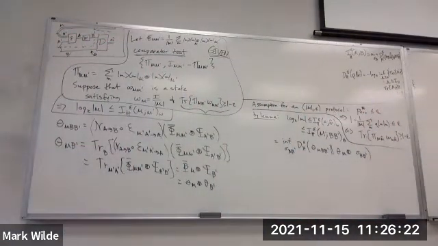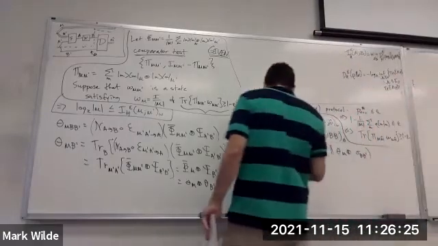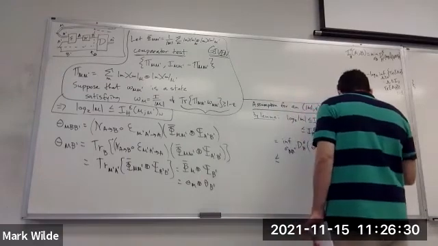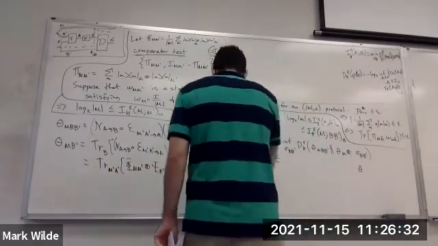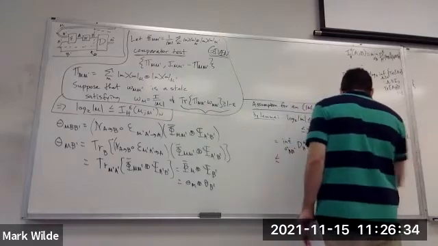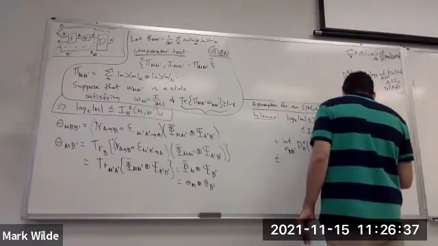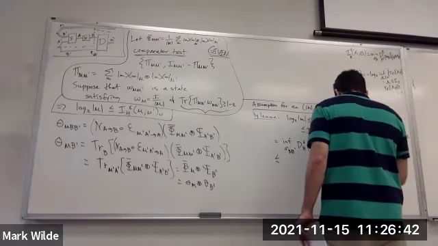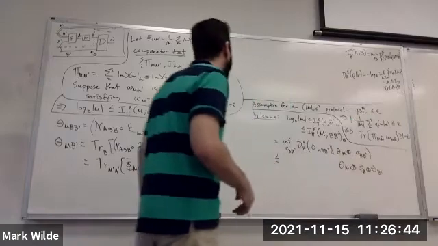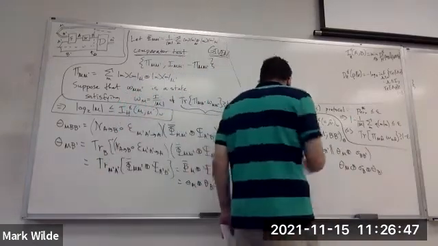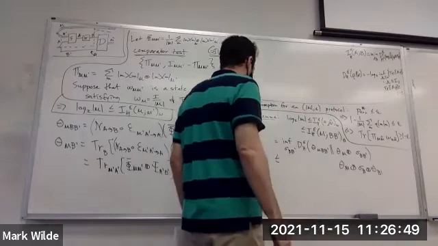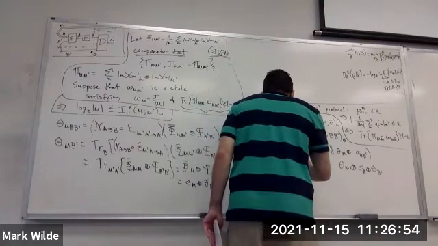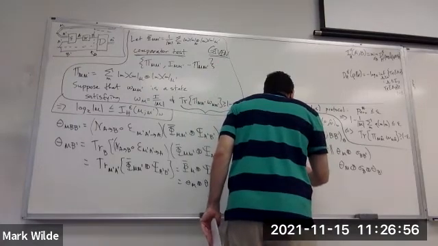Since it's an infimum, we can make a particular choice and say, well, we'll choose this state to be some state sigma B tensor theta B prime. So we optimize over a smaller set, so the quantity gets larger. So now we'll take an infimum over sigma B, same thing.